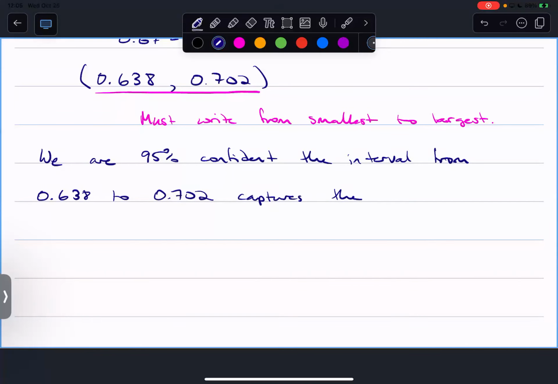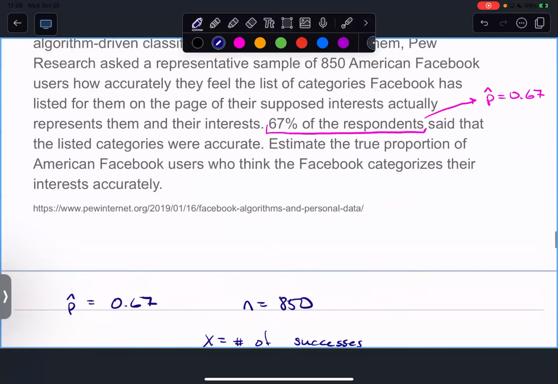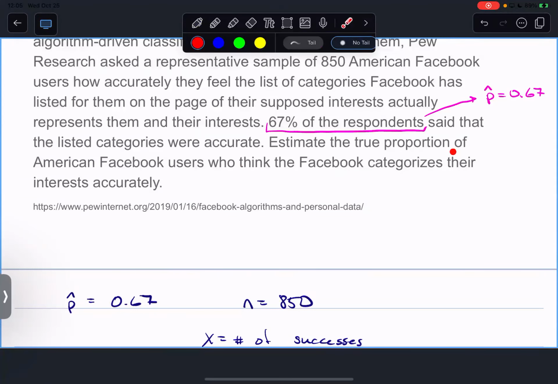And what am I doing? I'm just grabbing the question and rephrasing it as an answer. Estimate the true proportion of American Facebook users who think that Facebook categorizes their interests accurately. I could even say captures the true proportion here. Let's do that.